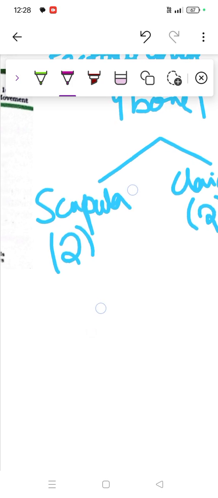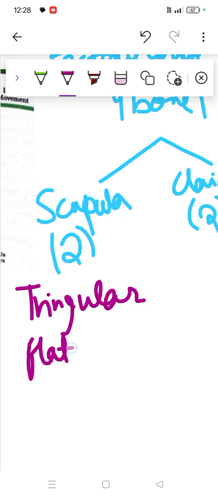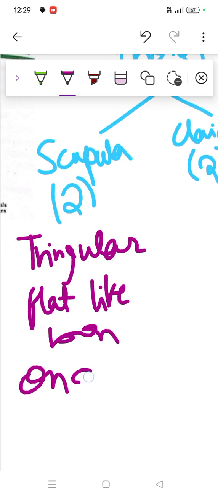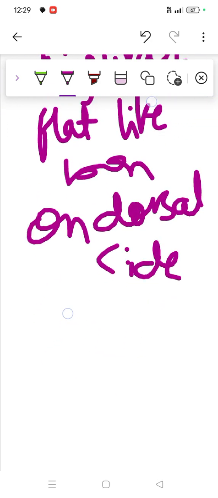Here scapula is simply a triangular flat-like bone. This is present on the dorsal side. Then if I make a small picture so that you understand it, it's simply this kind of structure.